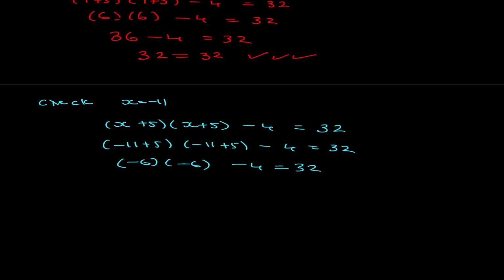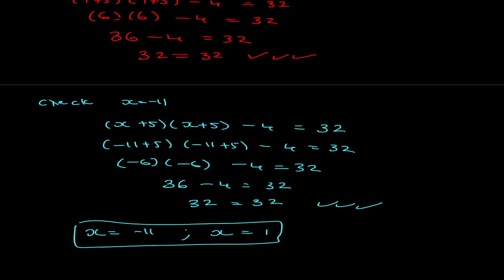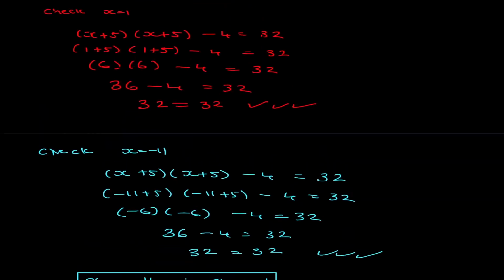And negative 6 times negative 6 again is positive 36. So when you have two negatives multiplied by each other, you get a positive. So be careful of that. And 36 take 4 is 32. So 32 does equal 32. So we know that x equals negative 11 is a solution, and x equals 1 is also a solution. So yeah, good idea to always check.